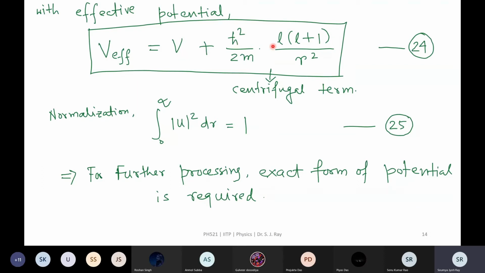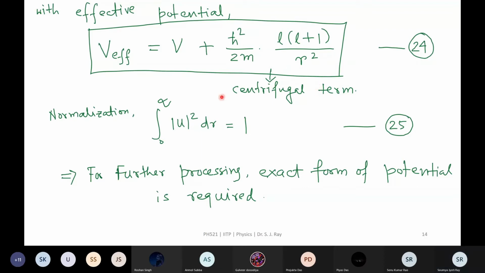Now this V is nothing other than the Coulomb potential, the attractive potential between electron and nucleus. But here we get an additional term, 1 over r square, which we call the centrifugal term, because in centrifugal force problems we usually get this kind of term.